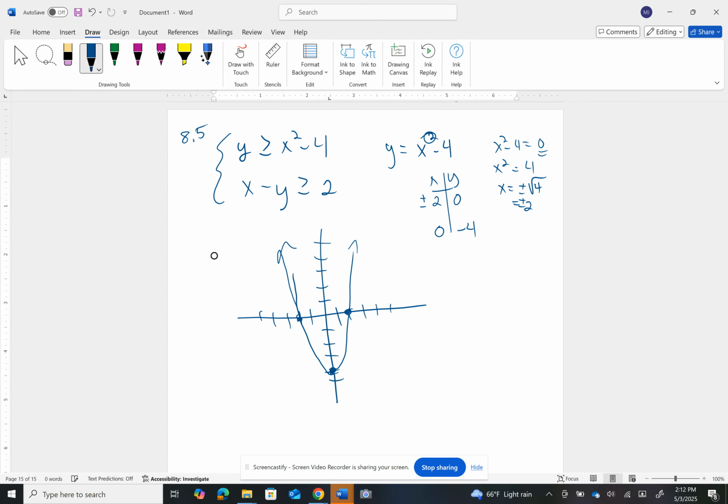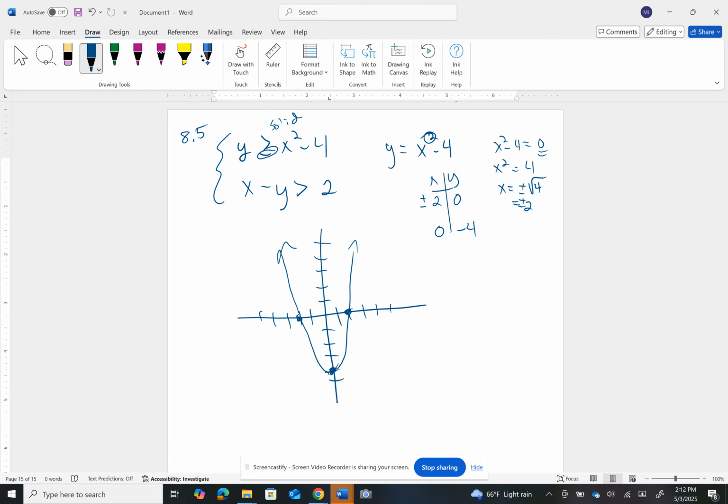This particular one has an or equal to, so it's going to be a solid line. Let me make this one just greater than rather than greater than or equal to, so that we can talk about that. If it's got an or equal to, it's going to be solid.